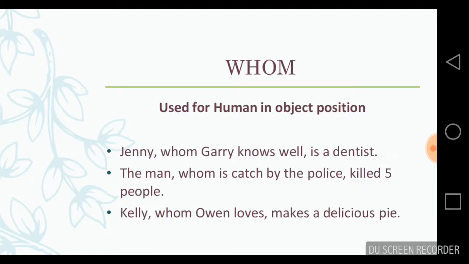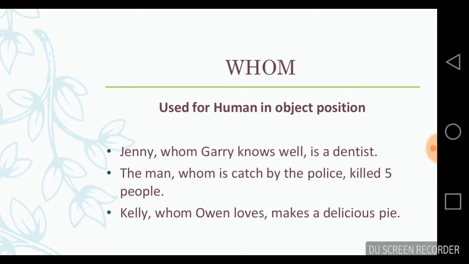Next is whom. Whom is used for humans in object position. Same as who, it can only be used for humans. The difference is which part of the sentence is explained by this relative pronoun. The first example is Jenny, whom Gary knows well, is a dentist.